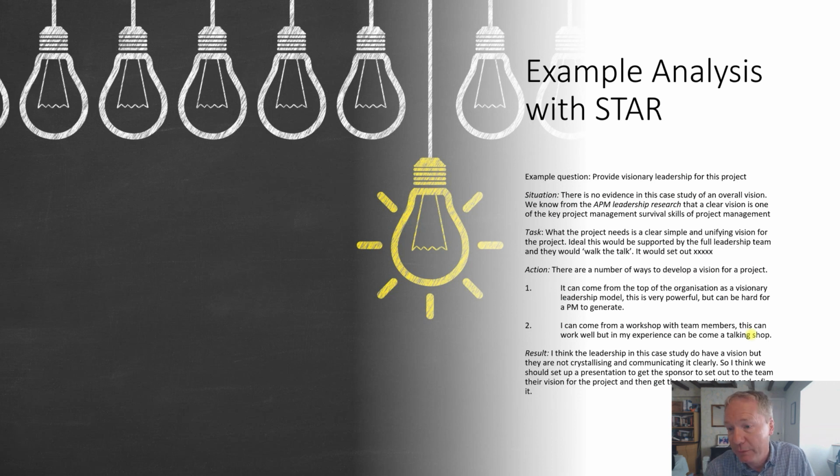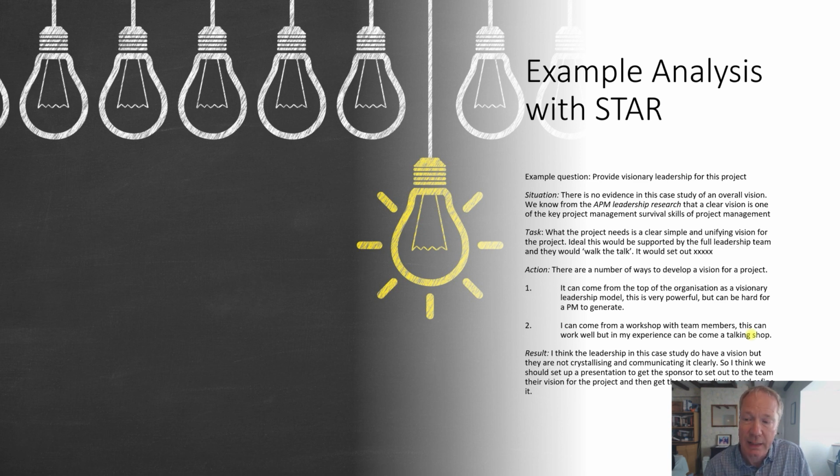So here's an example. The example question might be, provide visionary leadership for this project. So you start off with the situation. There's no evidence in the case study of overall vision. And what we know from the APM's research in 2019 is that for the leadership skills of project managers, vision and leadership is an important part of those survival skills for effective project management and successful projects.